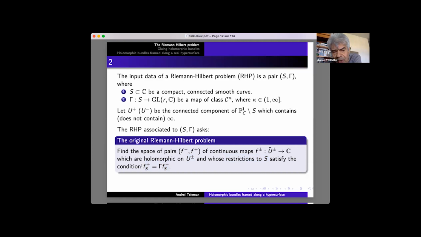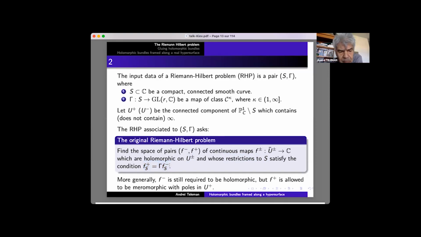So they satisfy this relation; let's say they are gamma compatible. If F minus is nowhere vanishing, of course, you just can say that we fix the quotient of F plus by F minus along gamma. Very natural problem.